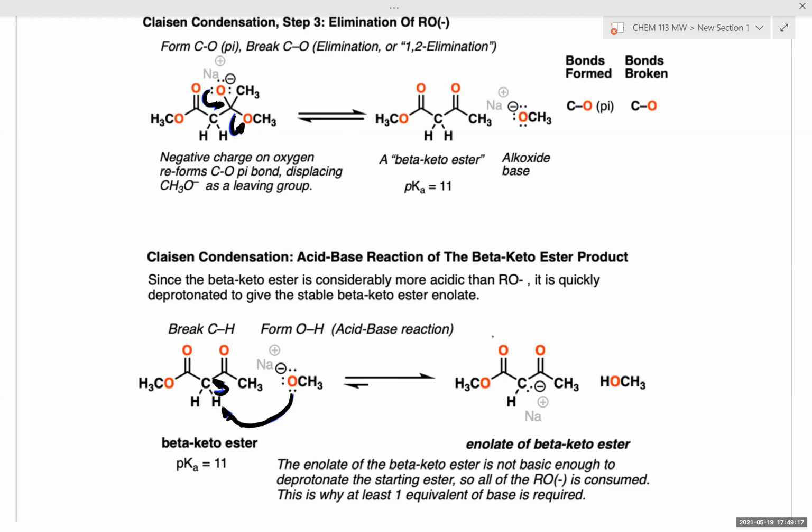So this drives the equilibrium towards the products because you can no longer generate an appreciable amount of alkoxide, and you can no longer engage this beta ketoester in a retro-Claisen or another carbonyl substitution reaction. Does everyone see the importance of this last step? This is why pKa values are so important.